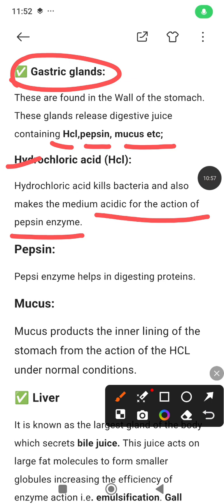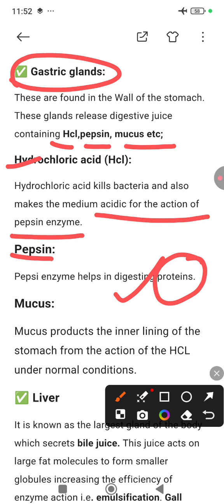The next element of the digestive juice of the gastric glands is pepsin. Pepsin is one kind of protein digestive enzyme, so it helps in digesting proteins. Clear? Along with hydrochloric acid and pepsin, another component of the digestive juice of the gastric glands is the mucus.